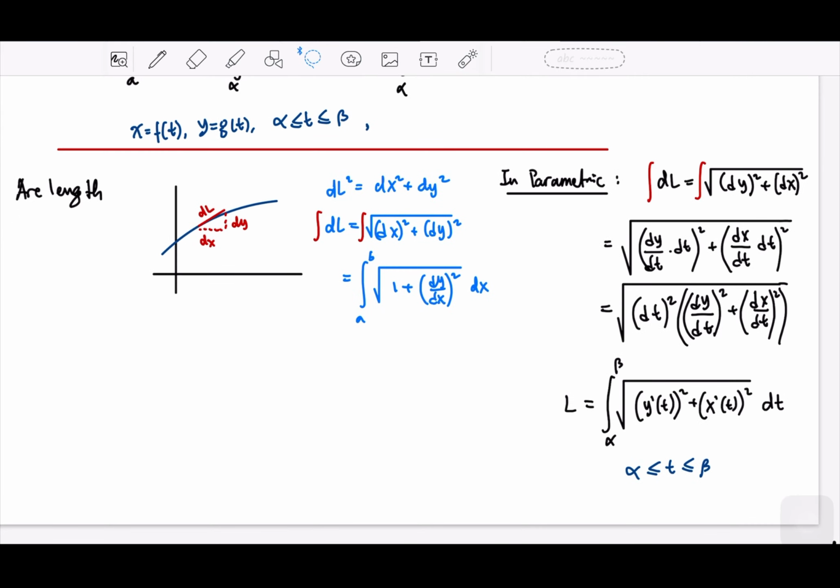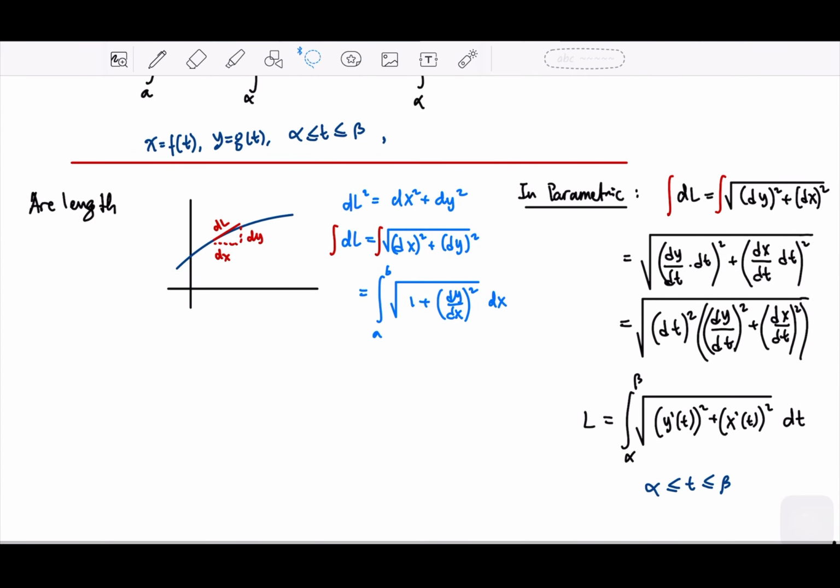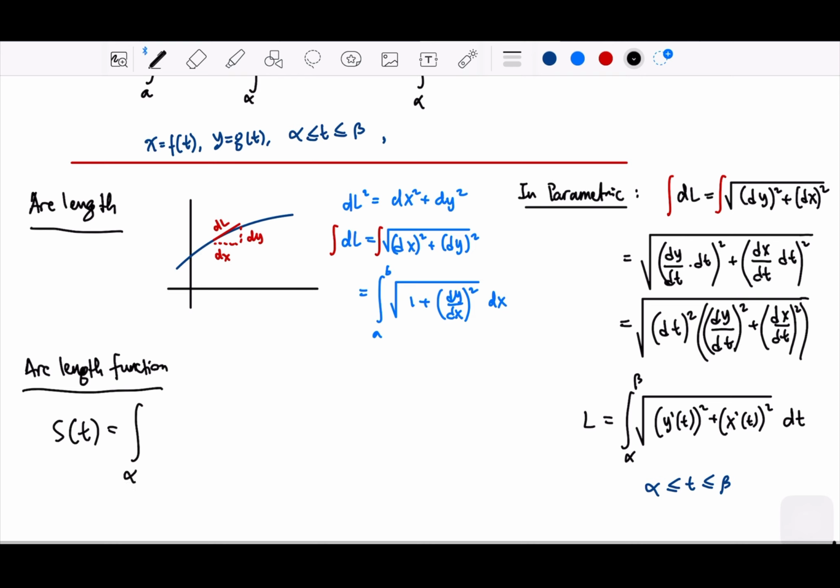Okay, still arc length, we also can represent it with a function, the arc length function. So the arc length function, we could write. So now it's alpha. The variable now for the function is t.